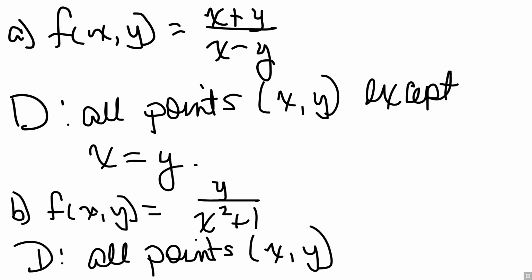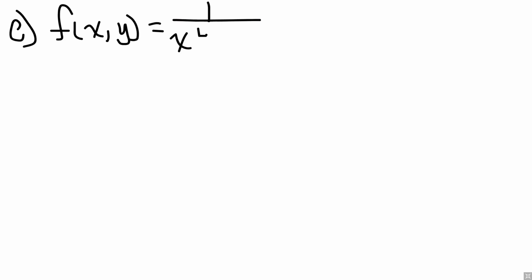Okay, let's look at C. We've got f of x y equal to 1 over x squared minus y. What would the domain be? All points x and y except x squared equal to y, right?